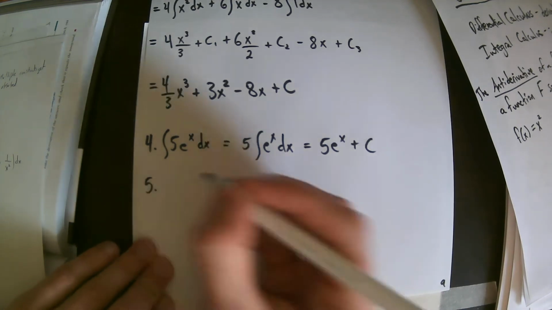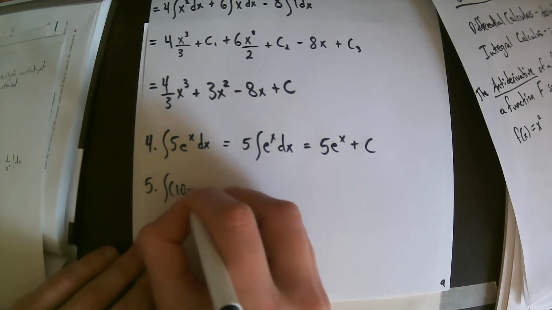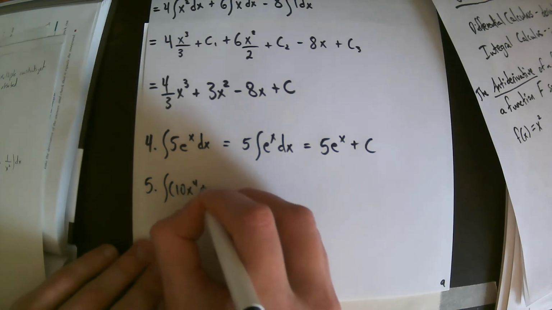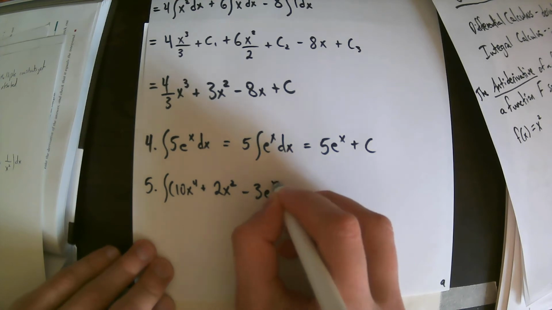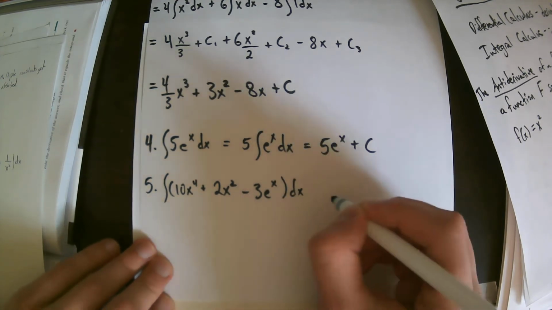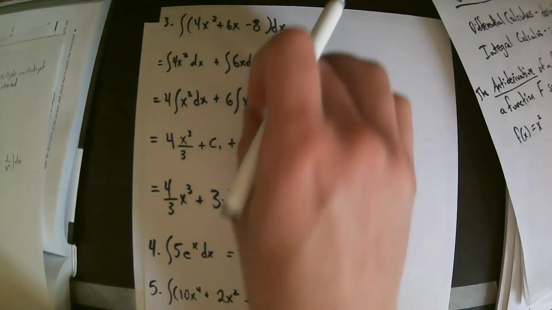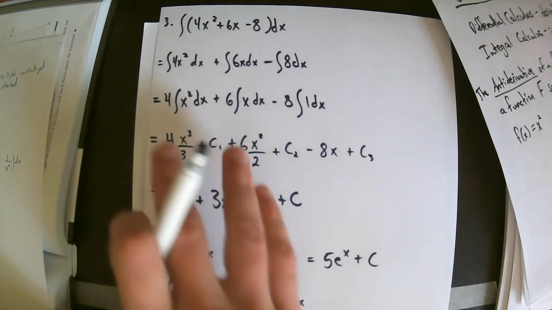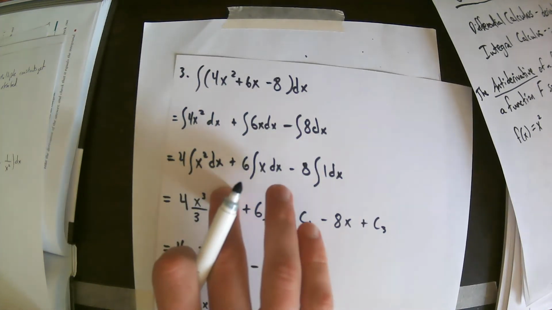How about number 5, the integral of 10x to the 4th plus 2x squared minus 3e to the x dx. So why don't I do this one a little bit quicker? I'm not going to separate these rules of sums and differences and then constant multiples.